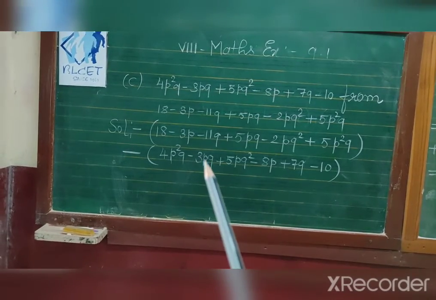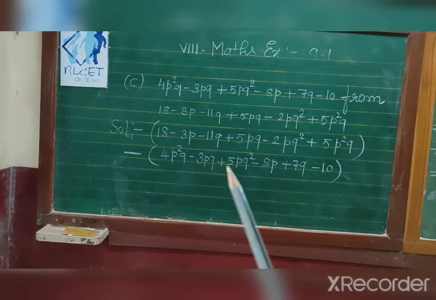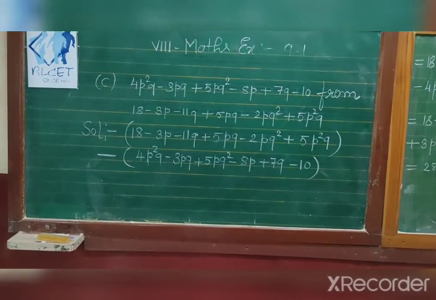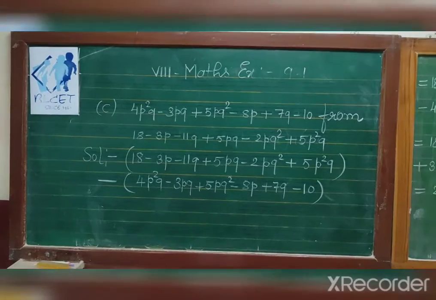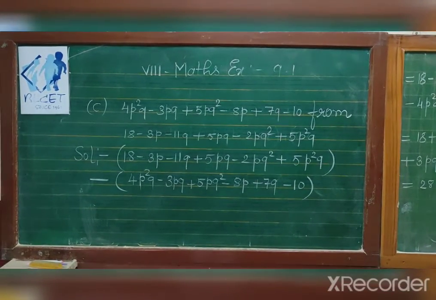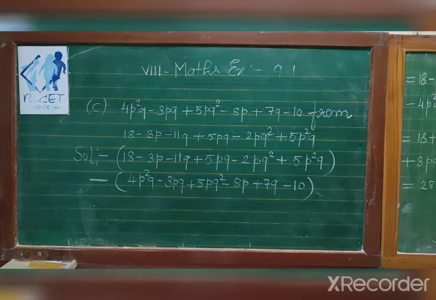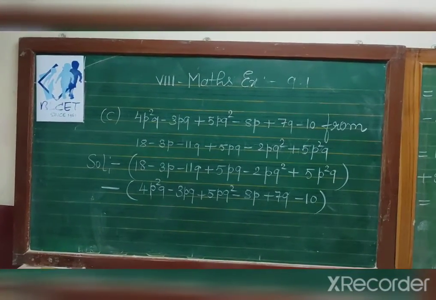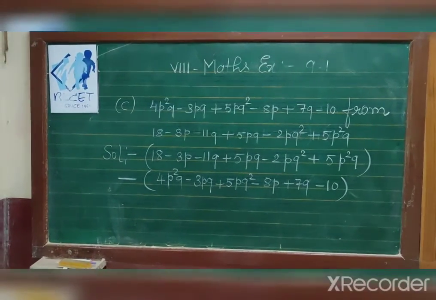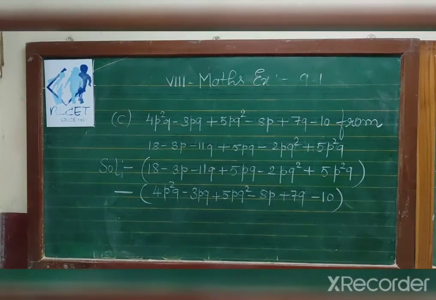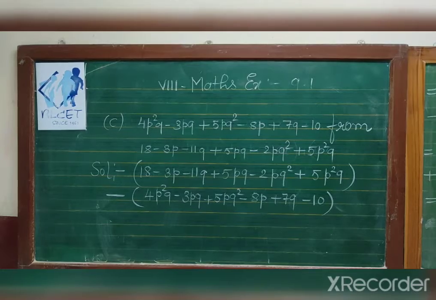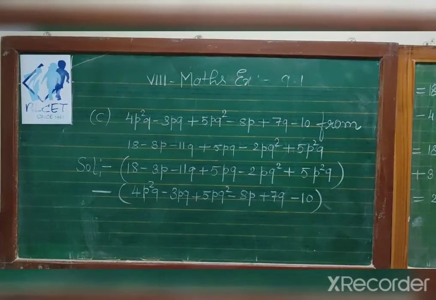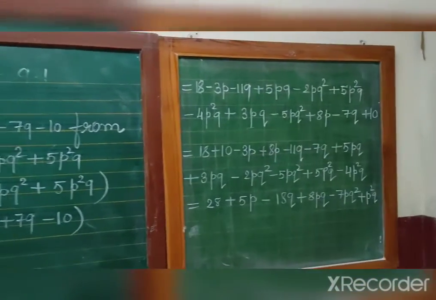Minus minus plus, minus plus minus, in this way also you can consider. So 18 minus 3p minus 11q plus 5pq minus 2pq square plus 5p square q we write as it is. Then we write minus 4p square q plus 3pq minus 5pq square plus 8p minus 7q plus 10.